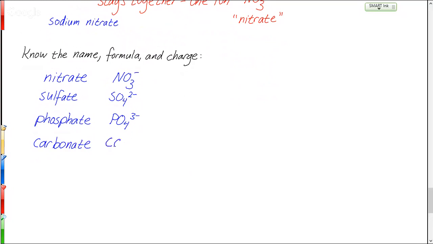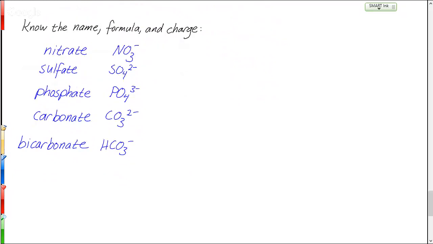Carbonate, which is CO3 with a 2- charge. Bicarbonate, which is HCO3 with a -1 charge. And just 2 more.